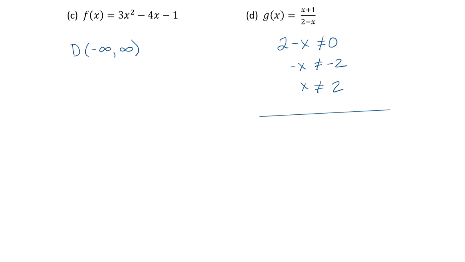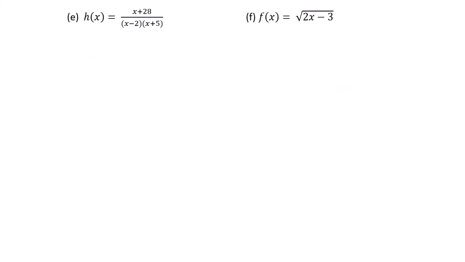Picture this on the number line. Here's 2. X can be anything but 2. So we end up with a domain of negative infinity to 2, union 2 to positive infinity.